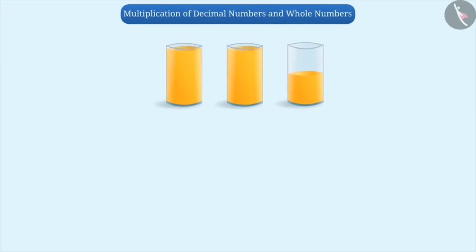In the given figure, can you tell me the amount of juice present here? Think for a while. Let me tell you. Here 2 full glasses and 1 half glass are filled with juice. It means here we have a total of 2.5 glasses of juice, which can be represented as 5 by 2.